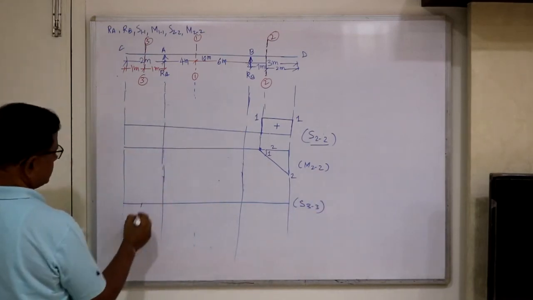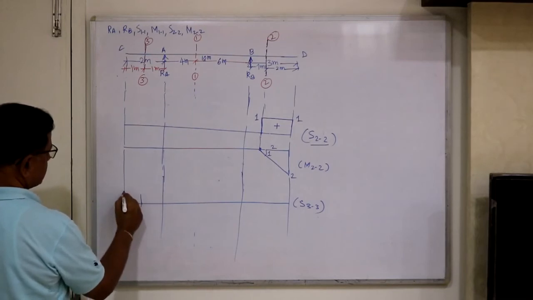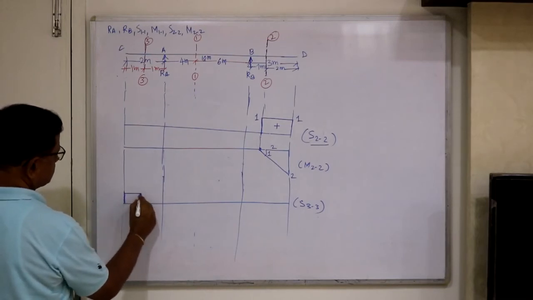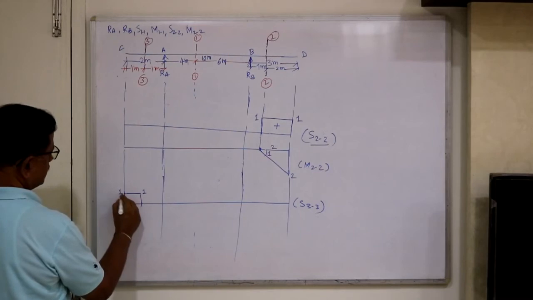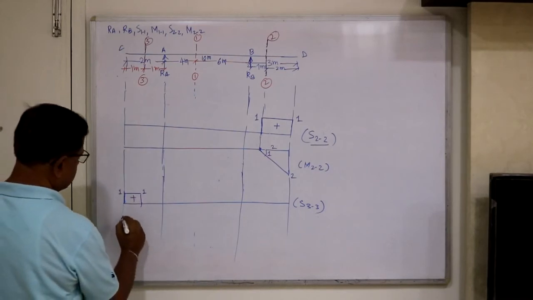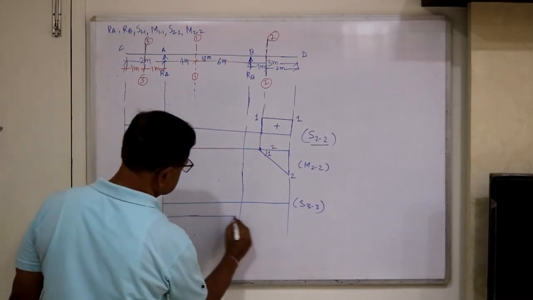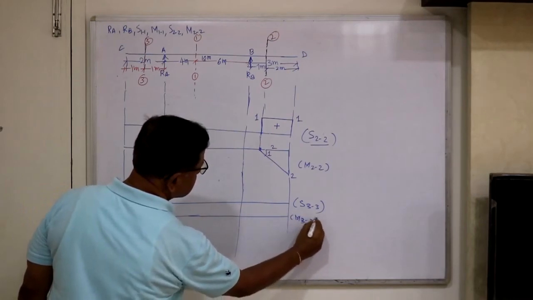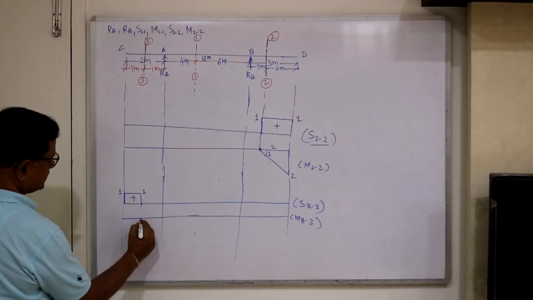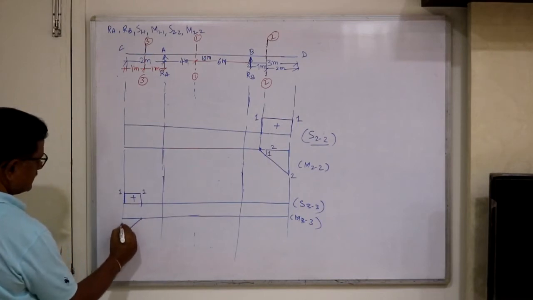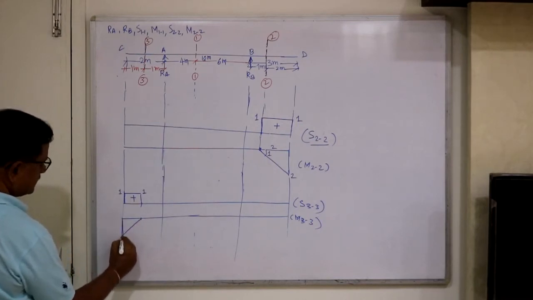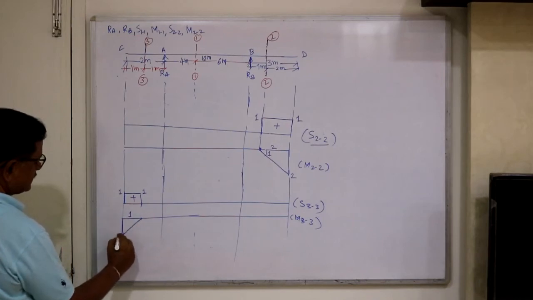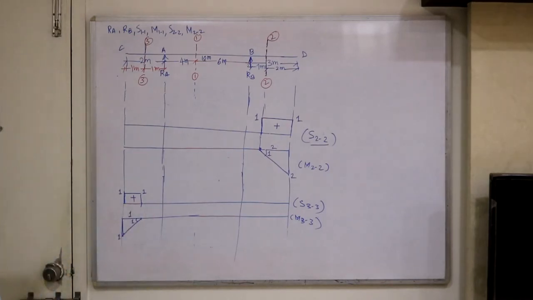So the section is here, so it's a rectangle only. Say 1 plus. Then M3. Then the section is here. Say this is 1, this is 1 because this is unit rotation.